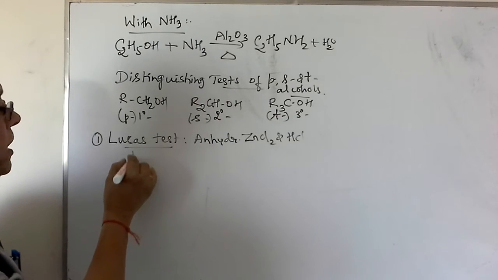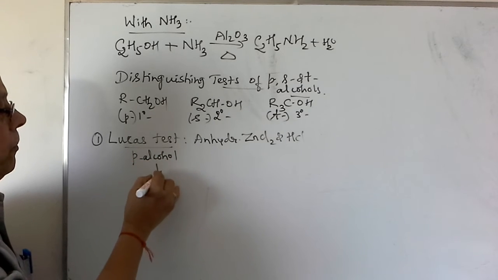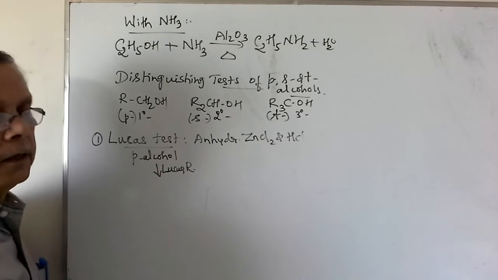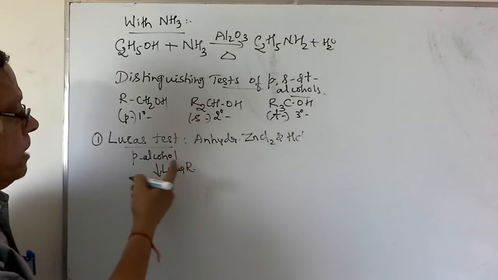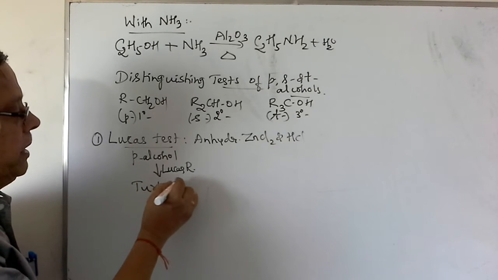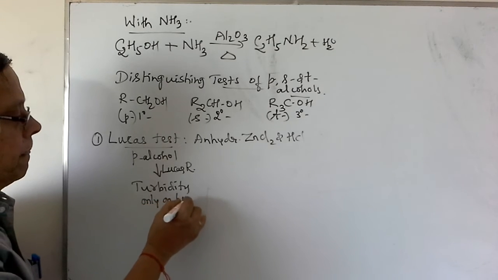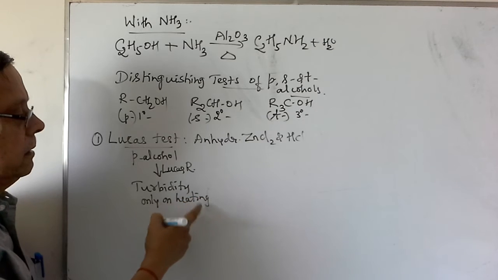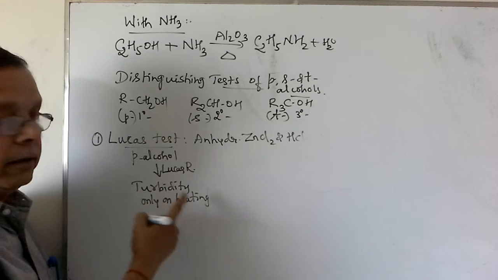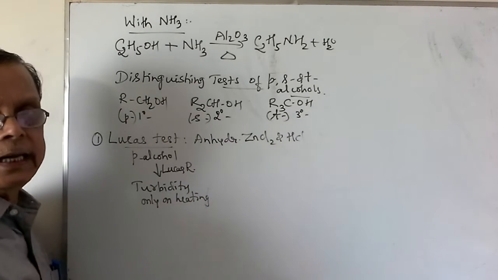When we take a primary alcohol with Lucas reagent, this primary alcohol gives a turbidity only on heating. This indicates that primary alcohols are less reactive towards anhydrous zinc chloride and HCl.